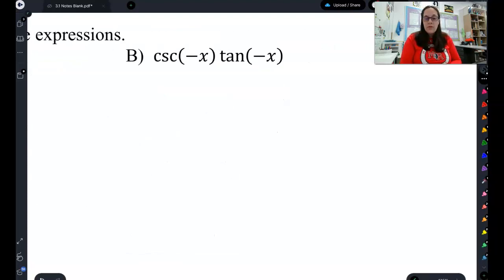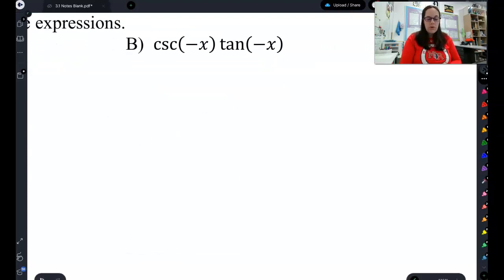So that's an example of how we use these even-odd identities. So what I would like you to do is try this one on your own. So start by changing those negatives. This is cosecant and tangent, so those negatives will move outside. Then use your reciprocal and quotient identities to simplify this down as much as you can. Come back and check your work.